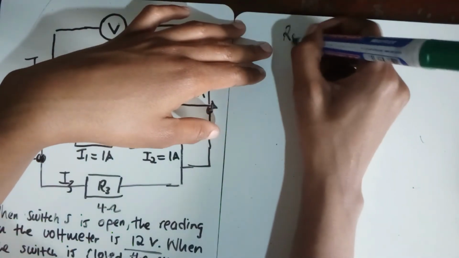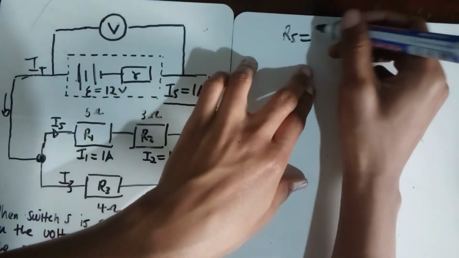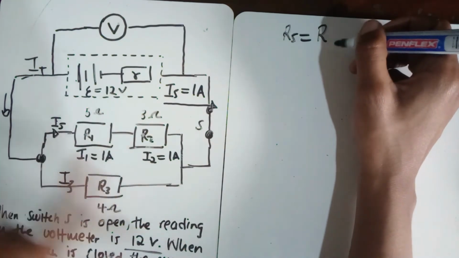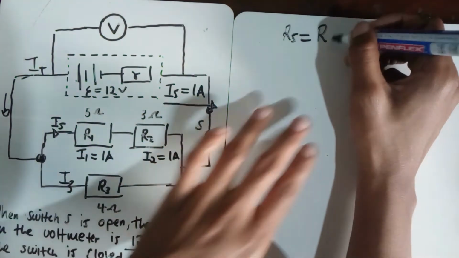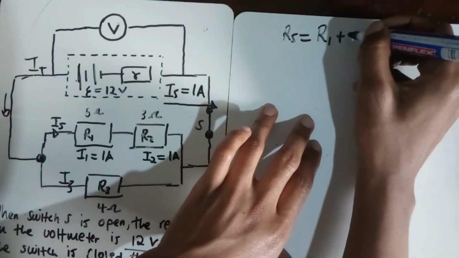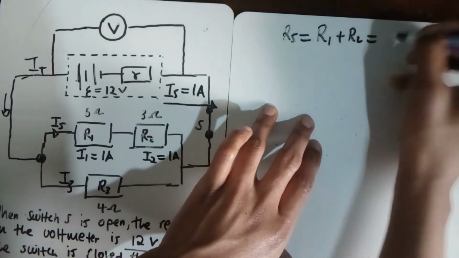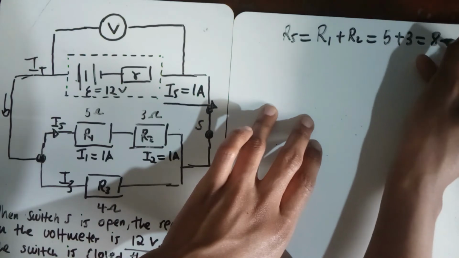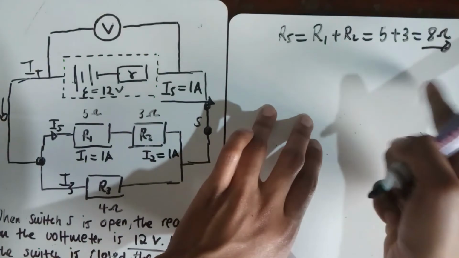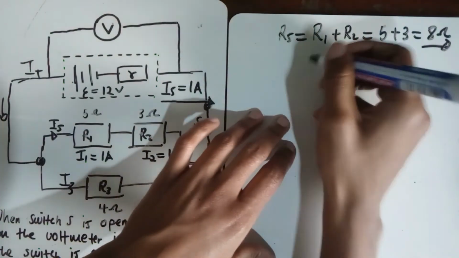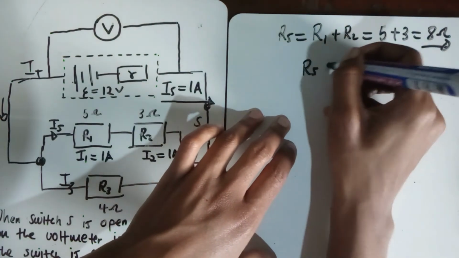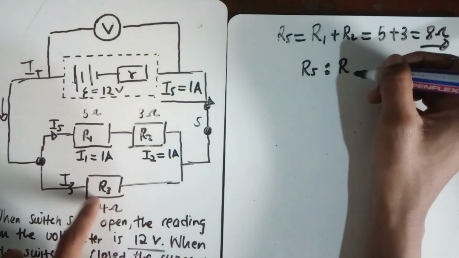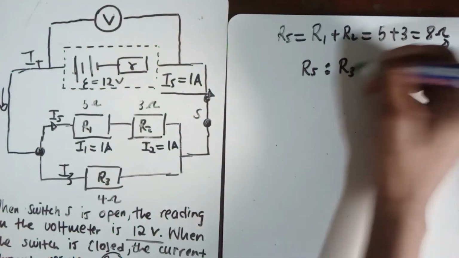Because they're connected in series, the total resistance for the series connection would just be R1 plus R2, which is equal to 5 plus 3, which is equal to 8 ohms. Where am I going with this? Now that we have this, we can find the ratio of the resistors that are connected in series to this resistor here at the bottom, which we call R3.